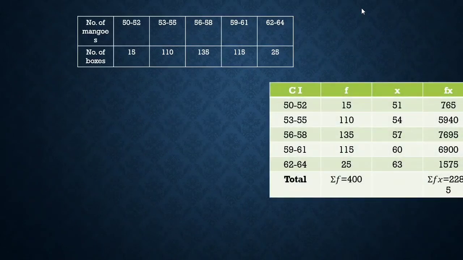So since we have our distribution table, we can easily calculate the mean using another calculation table. So here class intervals and frequencies are given. The third column contains the class marks or the midpoints of the class intervals, and lastly we have fx. So frequencies are 15, 110, 135, 115, 25, and the sum of these frequencies is 400.